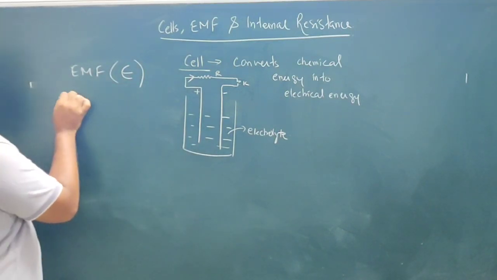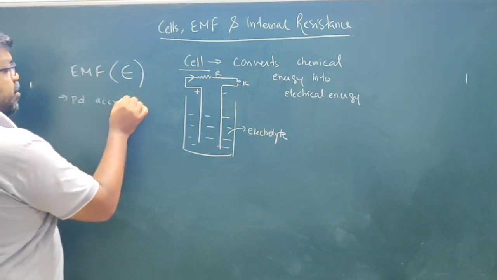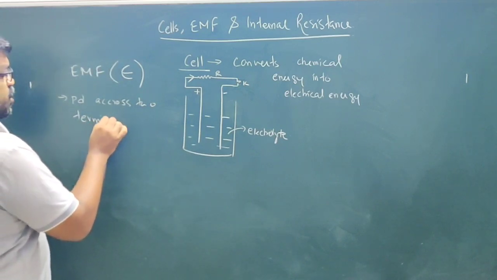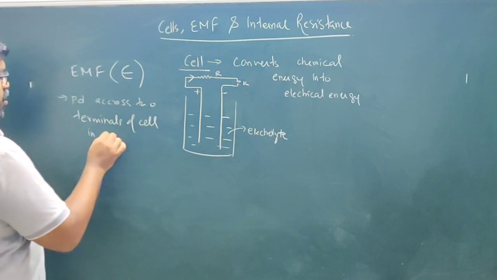So we can define it as the potential difference across two terminals of a cell in open circuit.